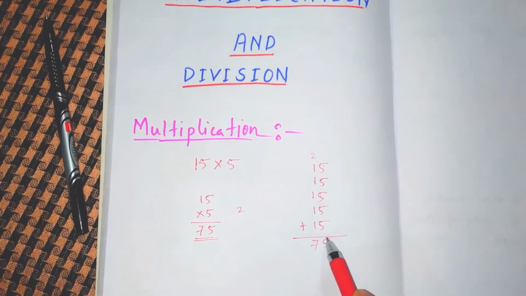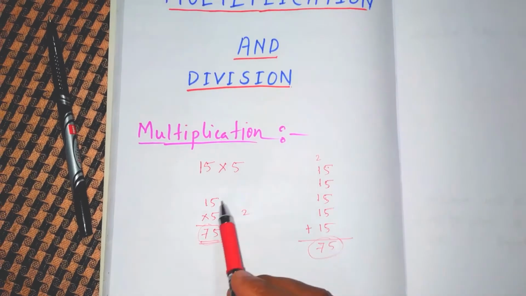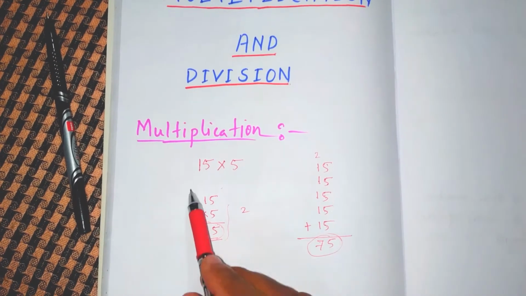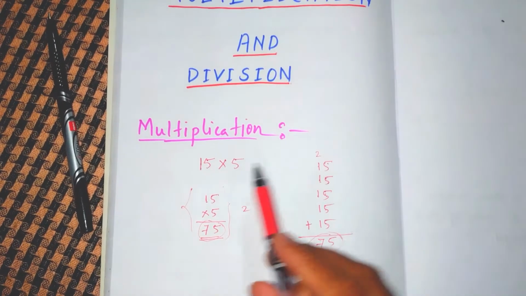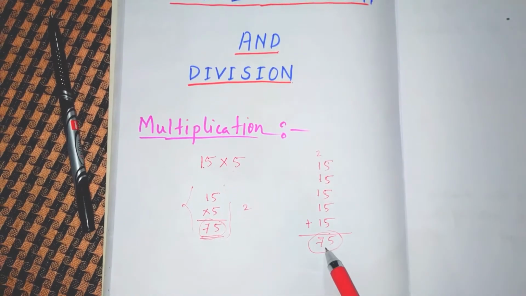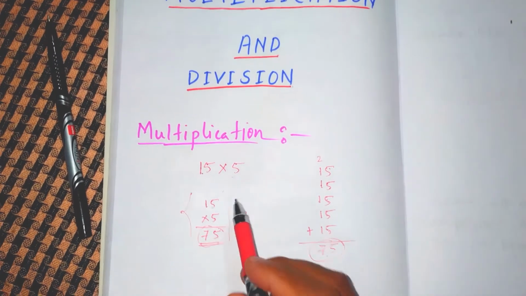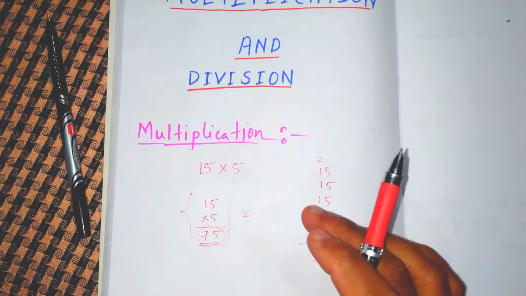So here you can see same result we have got, 75. So here we know the process of multiplication is by this way. And if you add 15 5 times, then also you get the same answer. Okay, that means we can say multiplication is a short way to do repeated addition.